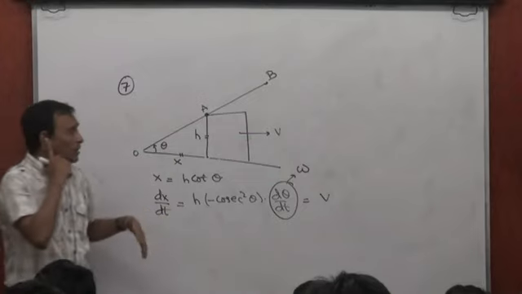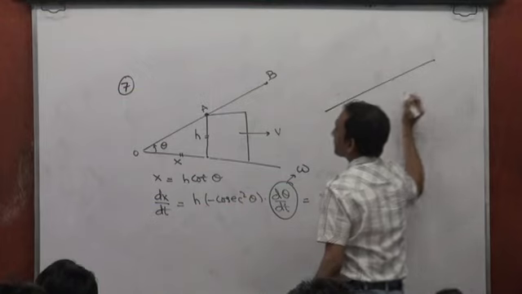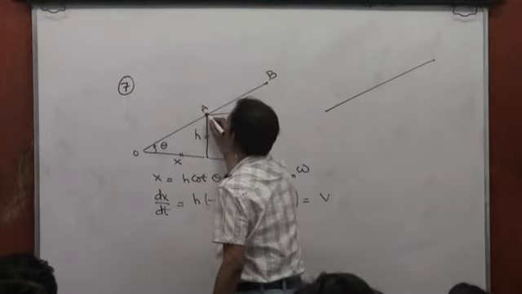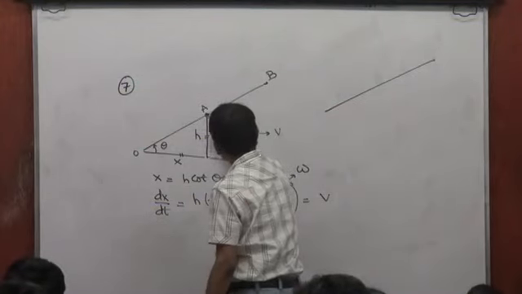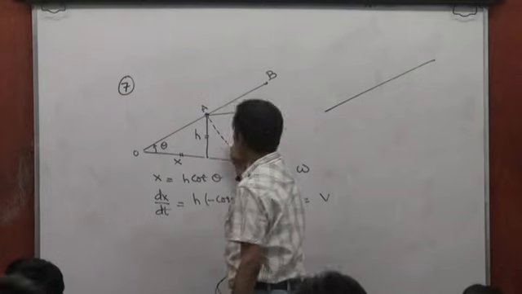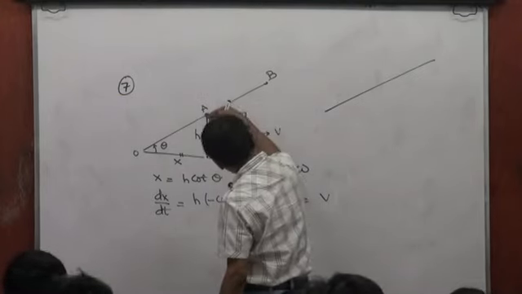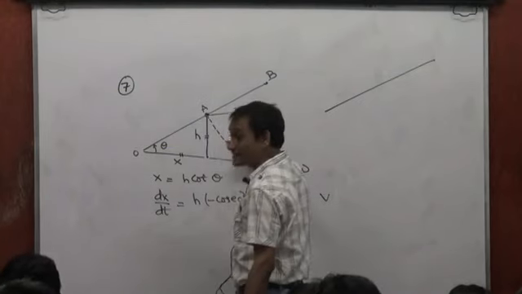This is one thing. What you could do is, look, this point A is in contact with this, right? This is the common normal. If they have to maintain contact, the velocity of A in this direction and the velocity of the cube in this direction must be the same.